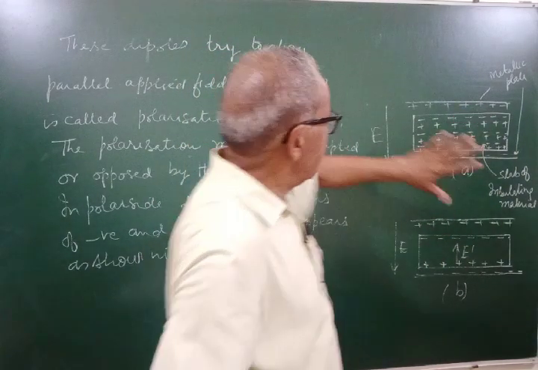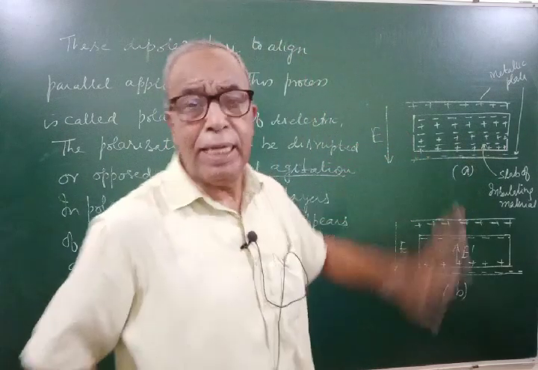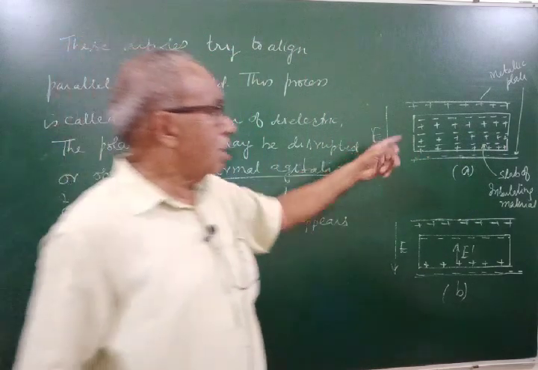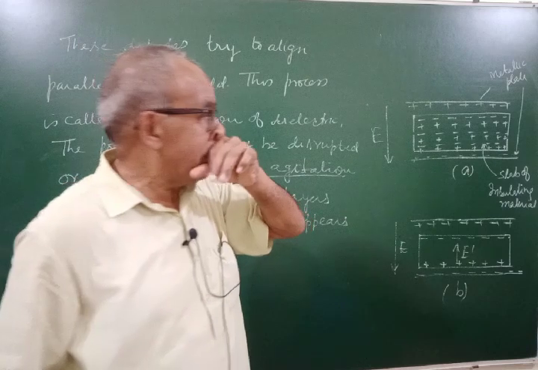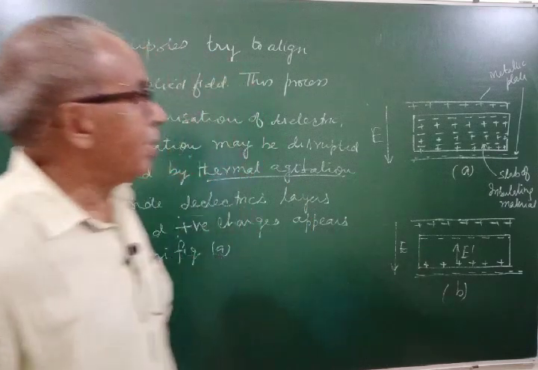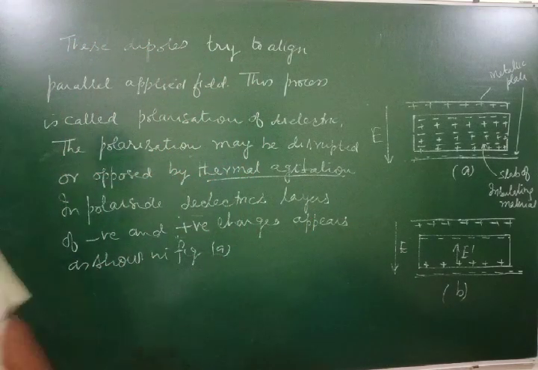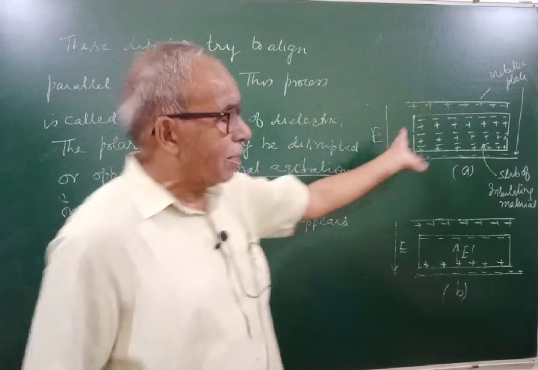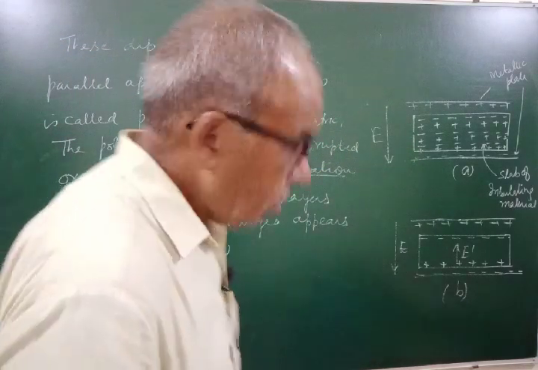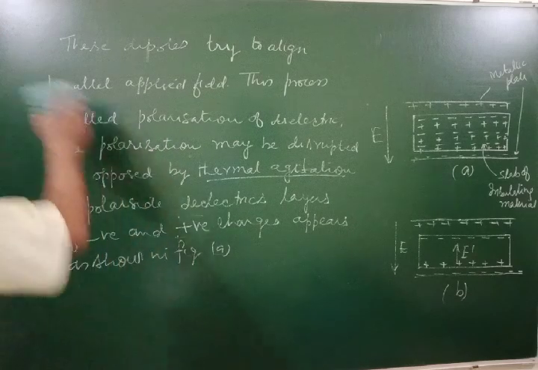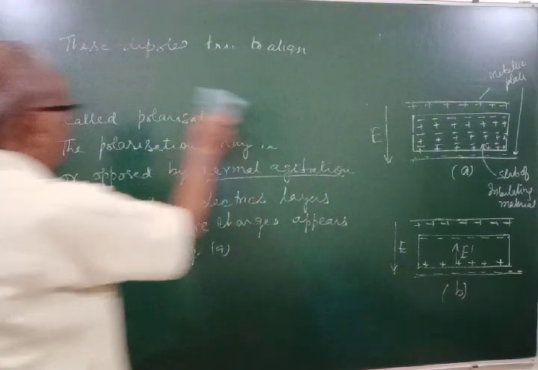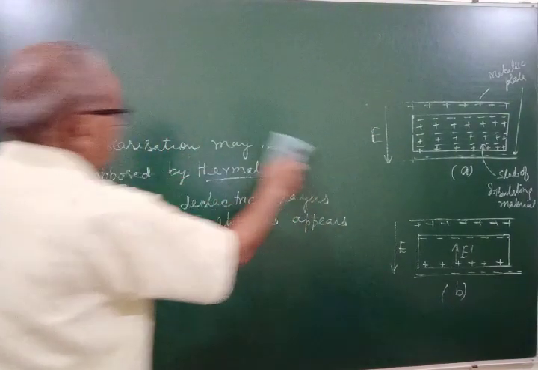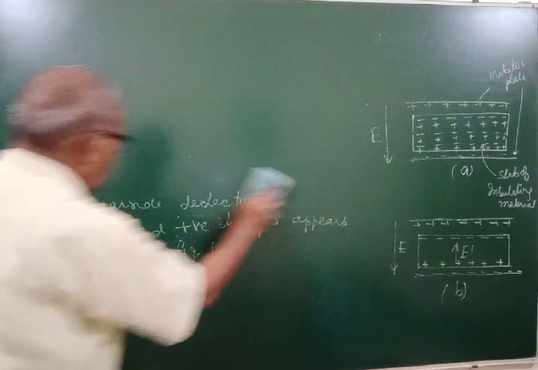So this slab is under the effect of this electric field E. Under this field, dipoles are induced or already present, they get aligned parallel to the field and produce layers of negative and positive charge.